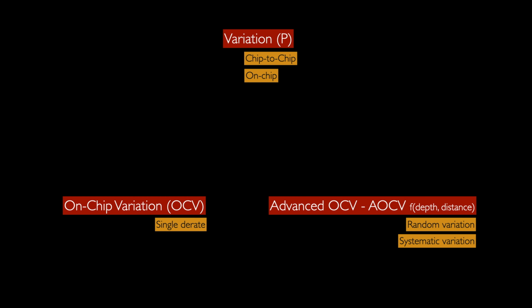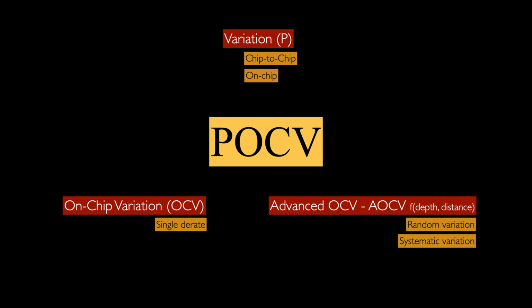Okay, typically random on-die variation dominates the systematic variation, and therefore the path depth related OCV derate component tends to be the dominant one. But moving further down in the technology nodes below 40 nanometer, this method has also become inaccurate as it cannot further reduce pessimism. So to address the limitations of AOCV, POCV has evolved.